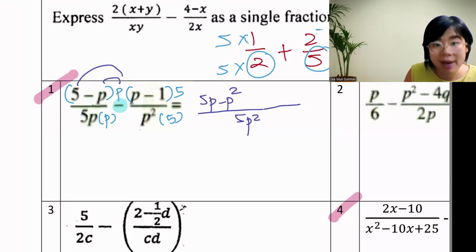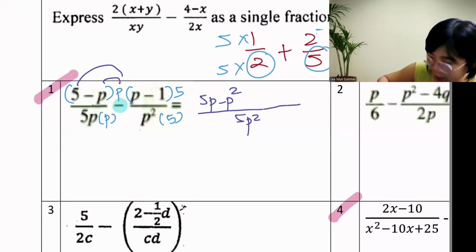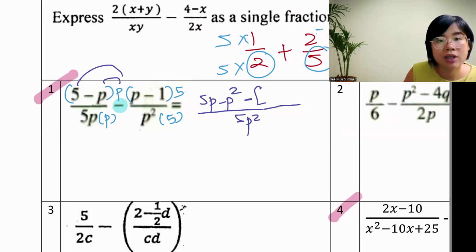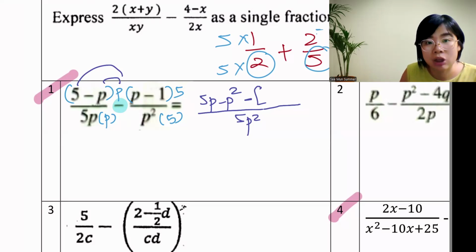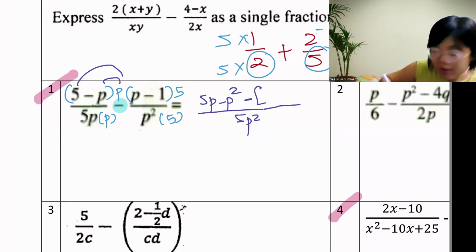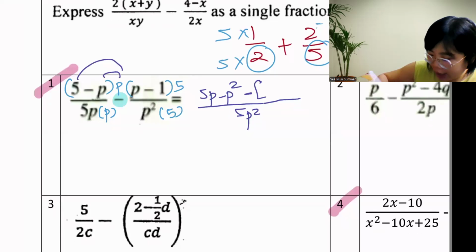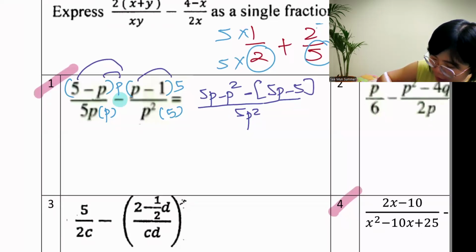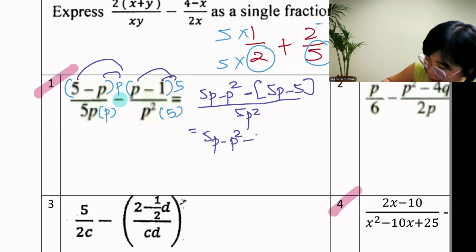Whenever you see a minus here, be careful, put bracket. Or else you will think that it's just negative p and then negative 1 you times again. No, that is wrong. So whenever you see the middle is a negative, put a bracket. So you will get 5p minus 5, correct? And then now you open the bracket, 5p, p squared, and then negative 5p.